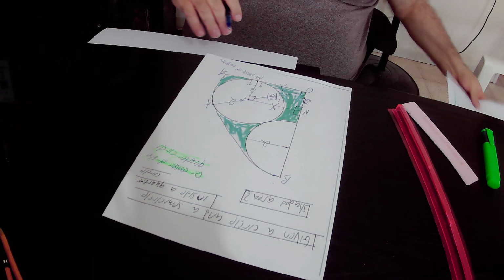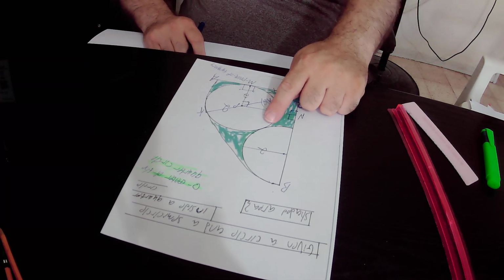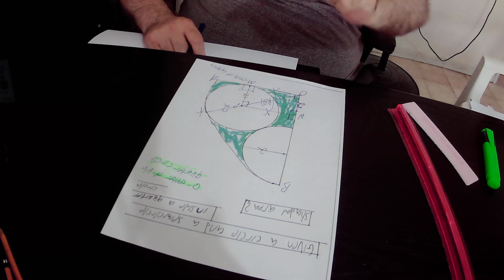In the next step, we'll focus on this point, the point of tangency or the touching point between the circle and the semicircle.